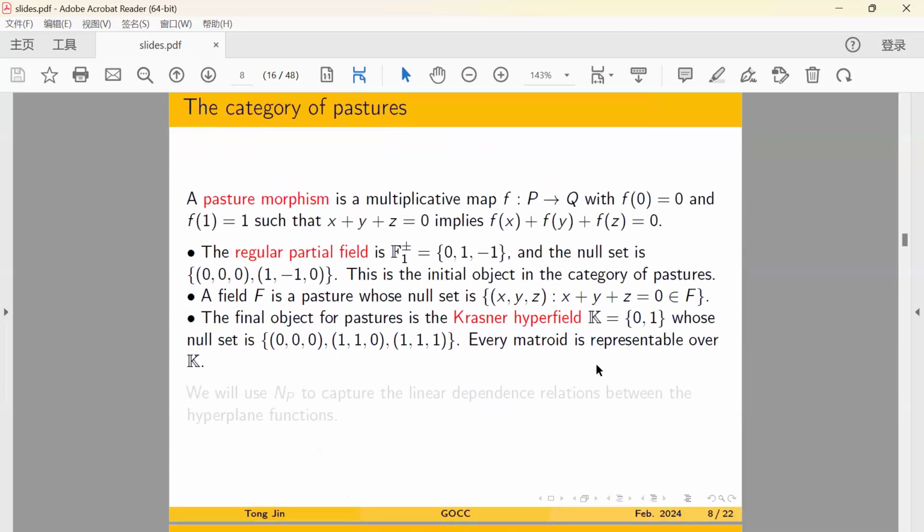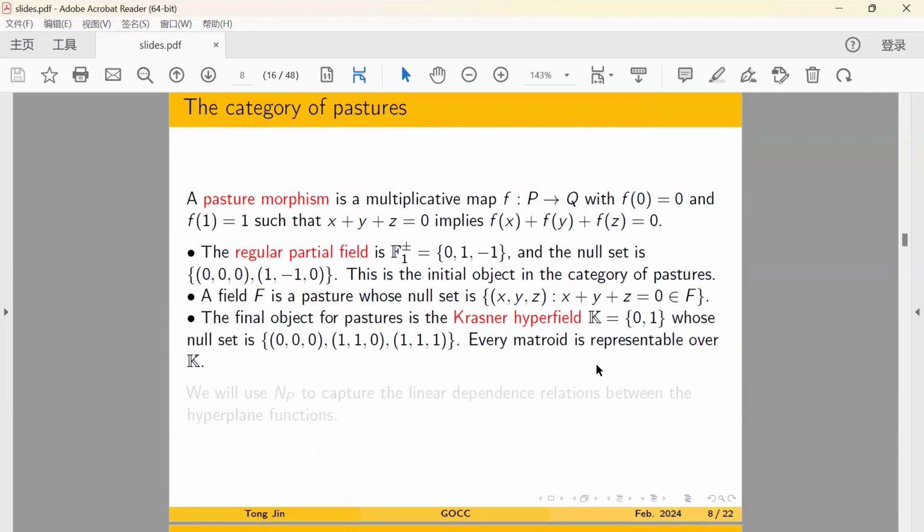And let's do a few examples. For instance, the regular partial field, which has something to do with the regular matroids. The elements are 0, 1, and -1, and the null set quotient by the S3 action has two elements.